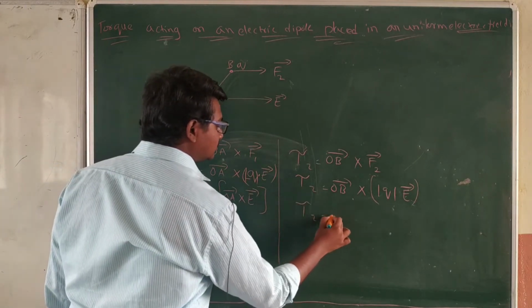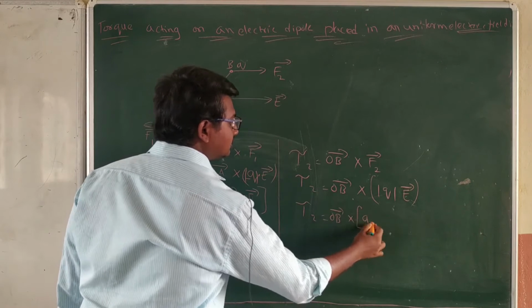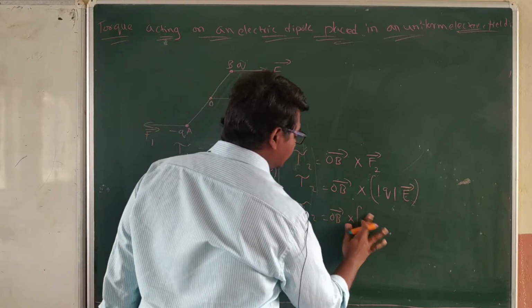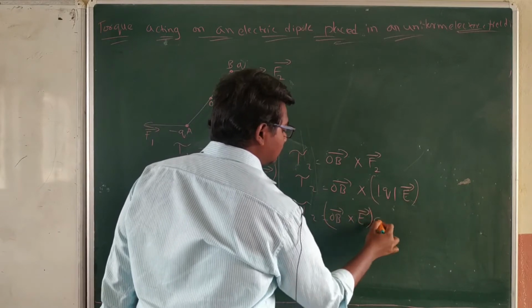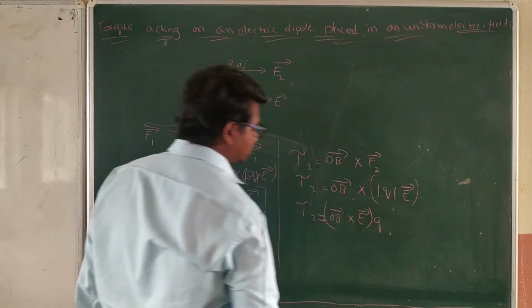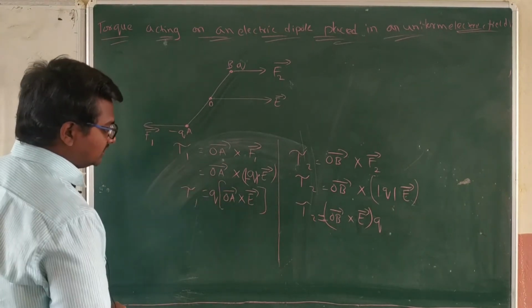Torque tau 2 is equal to OB bar cross mod plus Q of E bar, that is Q OB bar cross E bar, taking Q common. Fine, this is tau 1 and that is tau 2.